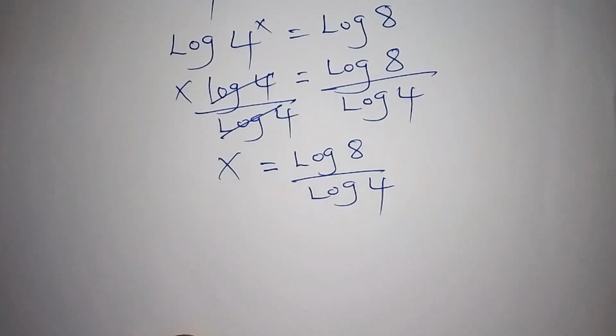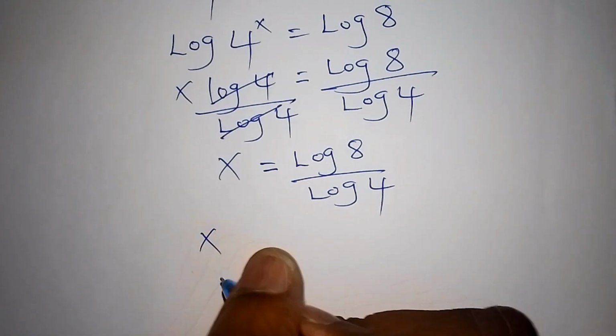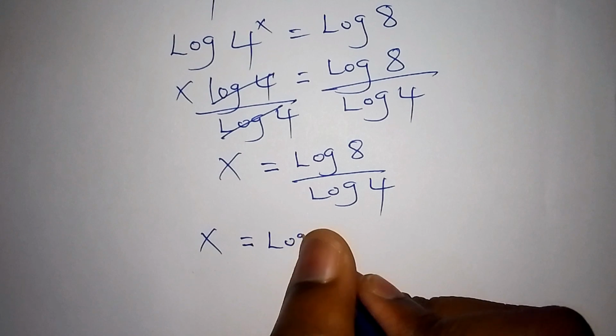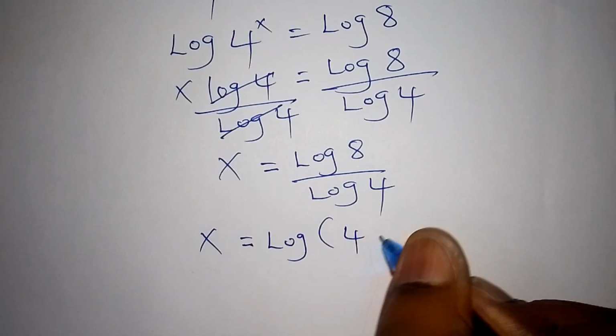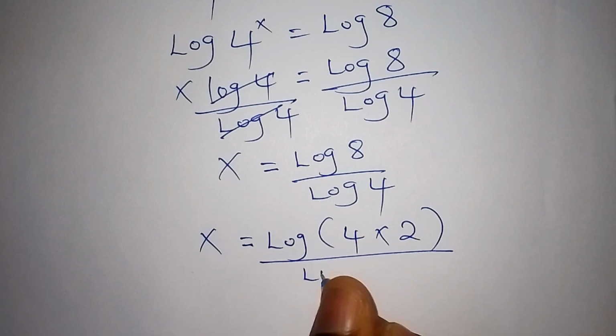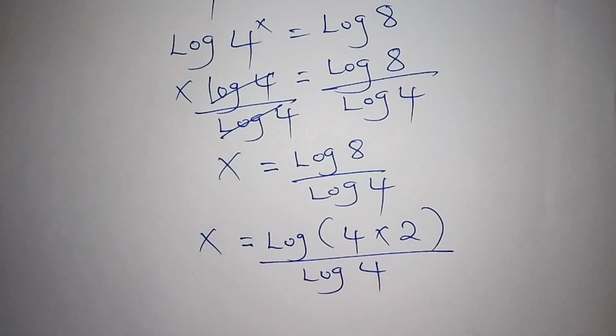Okay, so here we can still say that the log of 8 can also be expressed as the log of, in brackets, 4 multiplied by 2, close the bracket, all over the log of 4.